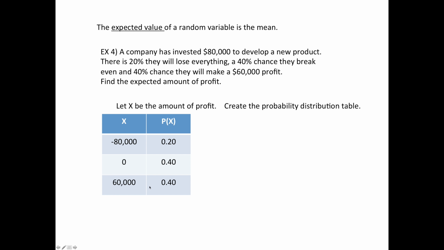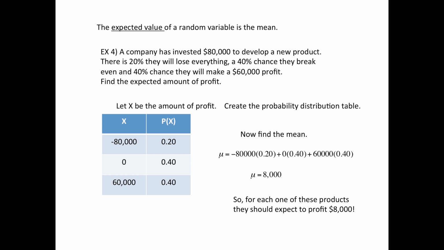And there's a 40% chance they make $60,000. So to find the mean just means multiply straight across, multiply straight across, multiply straight across, and add up the results. And when you put all of that together, it turns out to be $8,000. So basically what that means is that if they were to do this many times, they would make $8,000 each time.